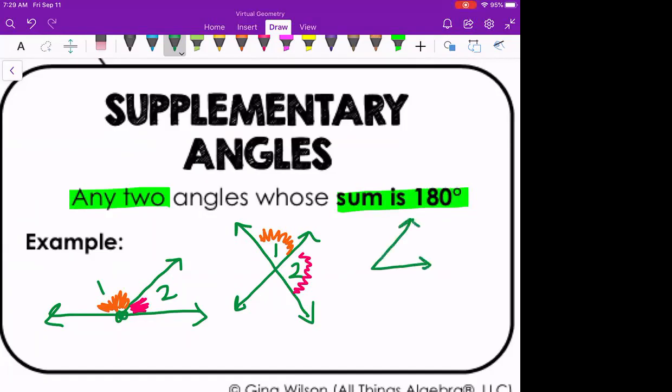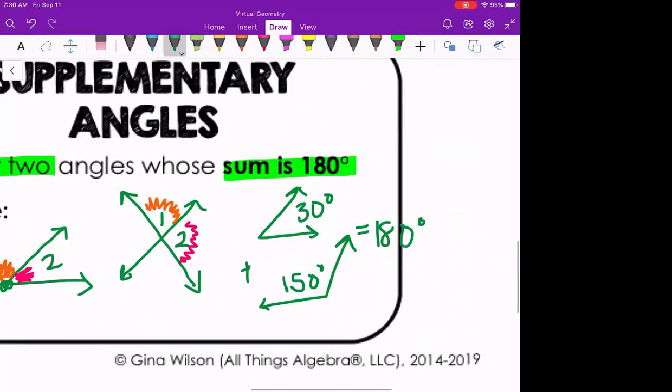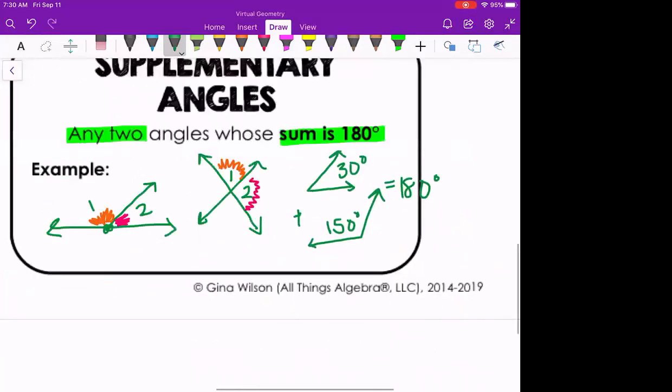So maybe we have an angle that is 30 degrees. We add to that an angle that is 150 degrees. And these two added up make 180. So there's lots of different ways that we can deal with supplementaries.